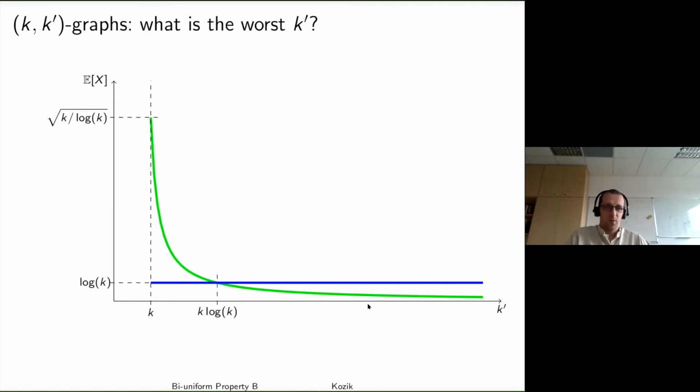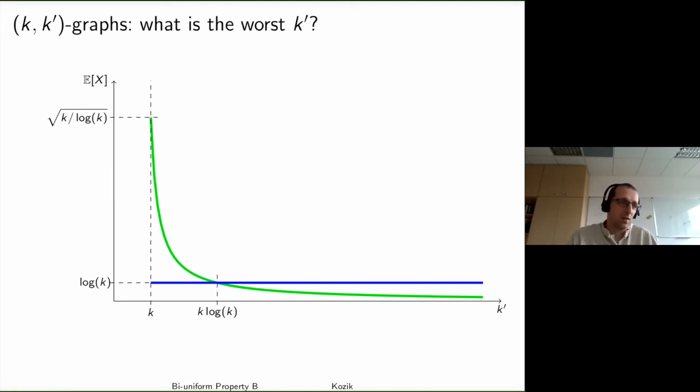And now if you think for a moment, it should be easy to improve these lower bounds once k prime is large again. It is pretty easy to prove some better bound with logarithmic if k prime is exponential in k. We managed to get some bound for sub-exponential k prime, but weakly sub-exponential. But still, I think it's rather weak result.